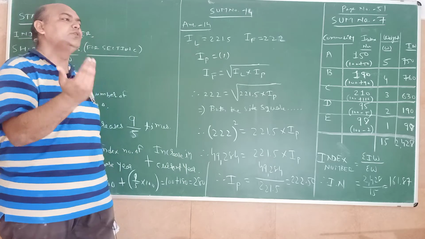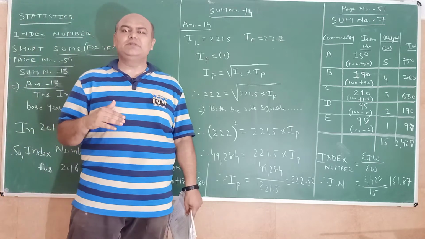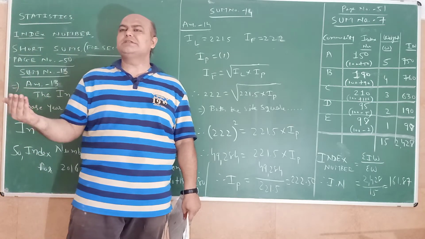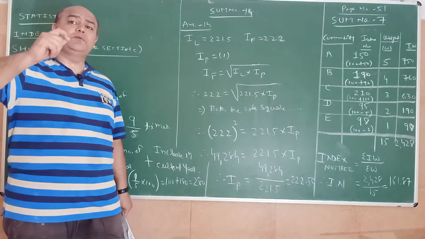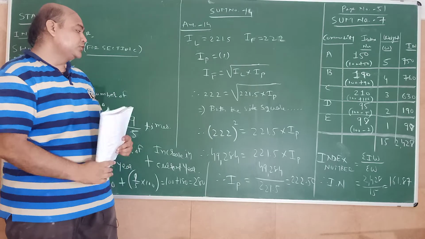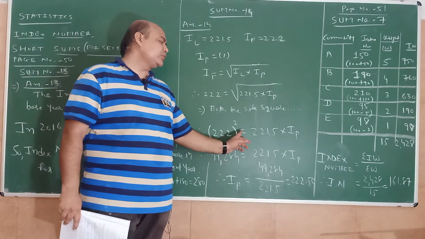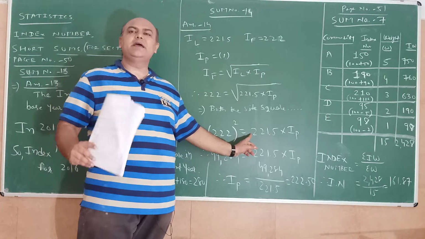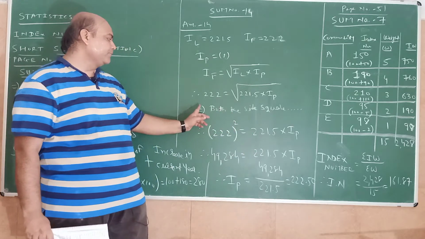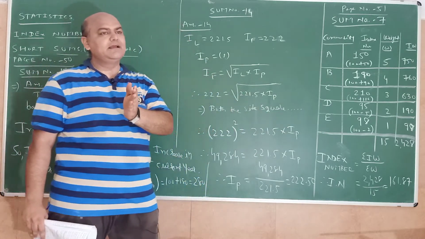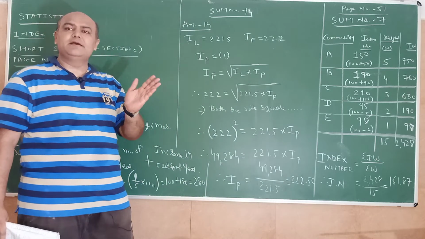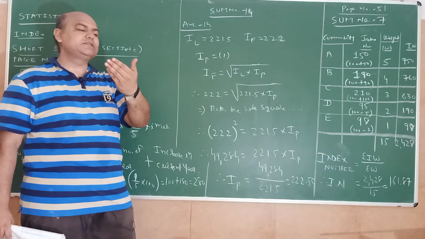We can add on both the sides, we can deduct from both the sides, or we can divide both the sides, or we can multiply both the sides. But that particular action we have to do on both the sides. So here on LHS as well as RHS, both the sides we do the square.